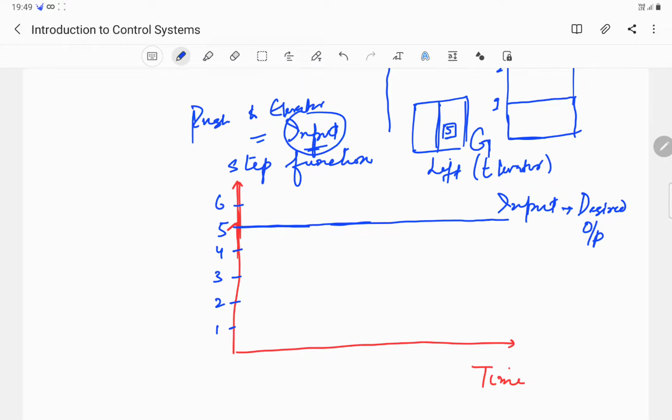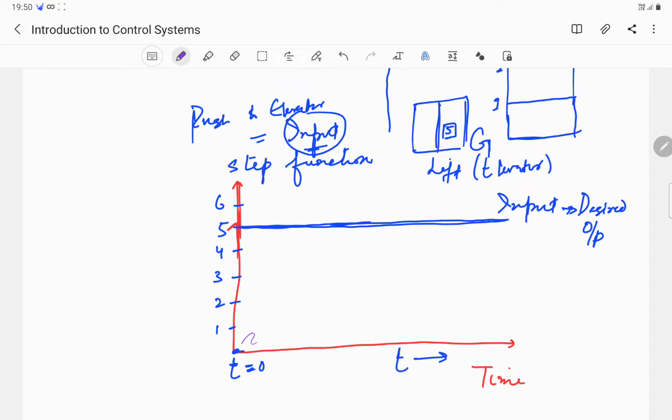So as can be seen from this plot or from this example, the push is basically the input, and this is also the desired output as we intend to reach the fifth floor. So this is a constant function and has a constant value for all time t. It has a constant value of 5. We are pushing the button at t equal to 0. This is our t equal to 0 point, and we push the button at t equal to 0.